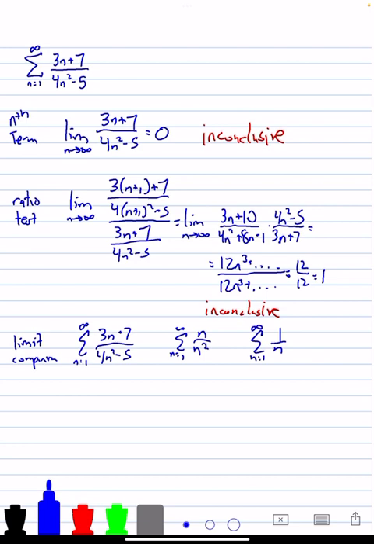Now, what does this look like? Remember, we break this down until we get p is equal to 1. So this series diverges. This is a p-series. Okay, it diverges. So the only thing that we have to do now, remember, is confirm it. So we're going to go back to it.